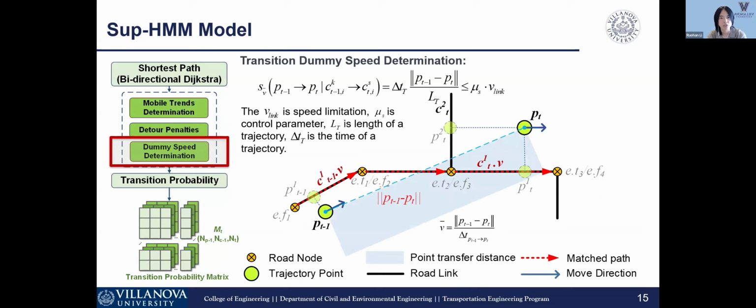And the third condition checks the speed consistency. We compare the average speed between the 2 GPS points with the speed limit of the candidate road. If the speed doesn't make sense, we reduce the probability. So together, these 3 conditions, movement trend, detour penalty, and speed check, help us improve the map matching accuracy.